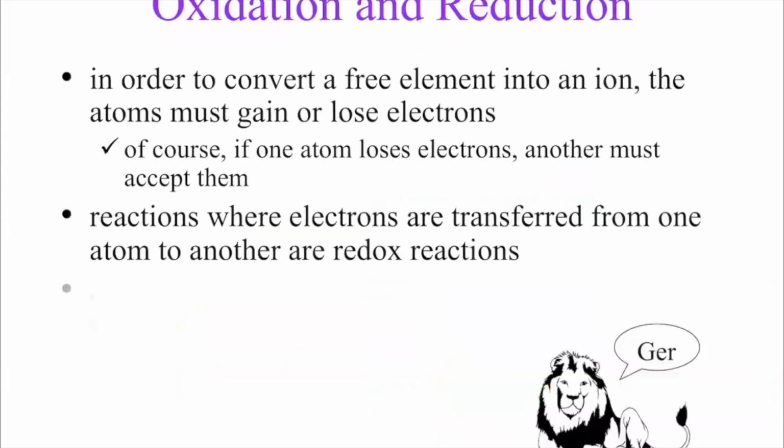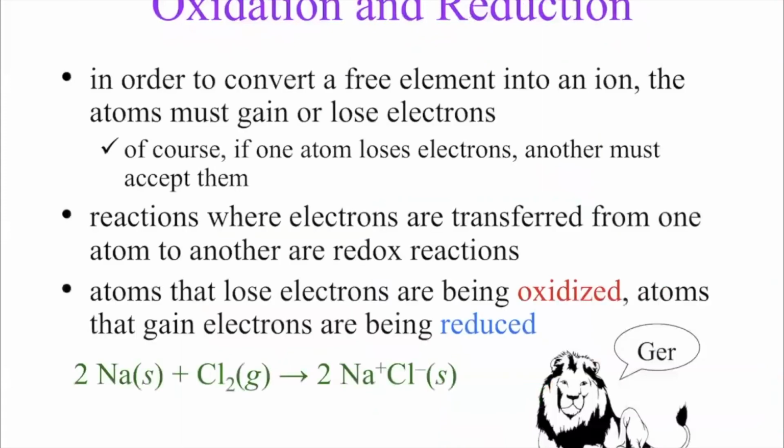So just to give you the definition, sometimes there's this abbreviation, LEO and GER. LEO, loss of electrons is oxidation, and GER, gain of electrons is reduction. So gain of electrons is reduction, loss of electrons is oxidation.